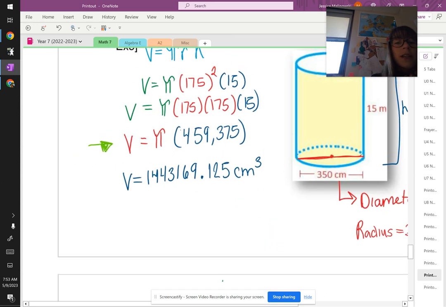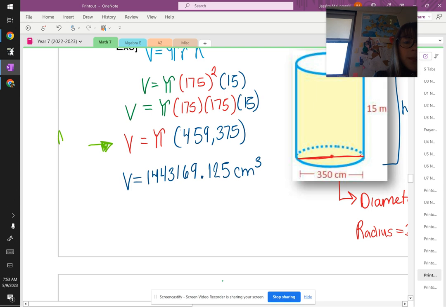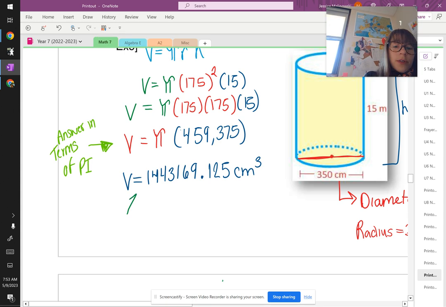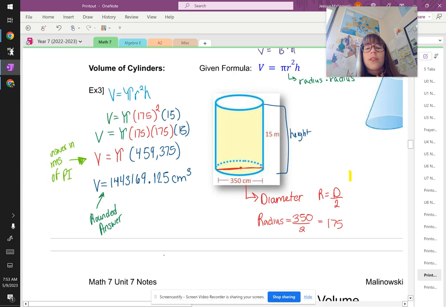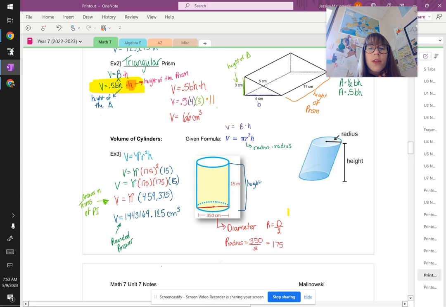So this right here is my answer in terms of pi, and then this one down here is my rounded answer. So you have to, again, read the directions to know what place value to round to, or if to leave it in terms of pi.